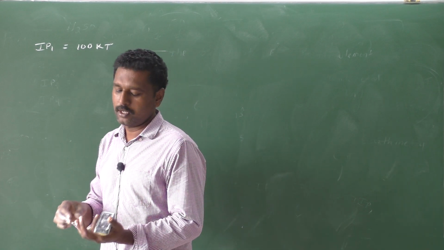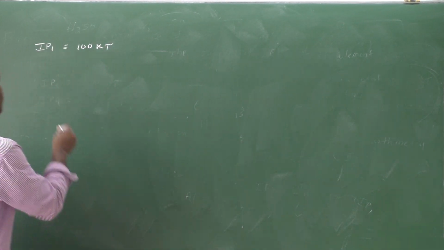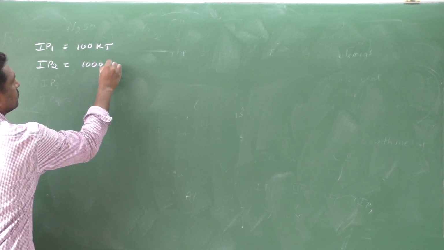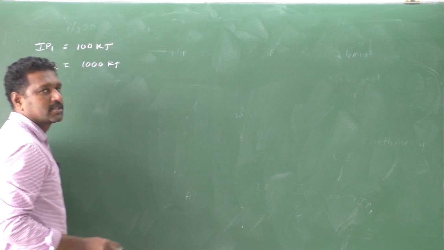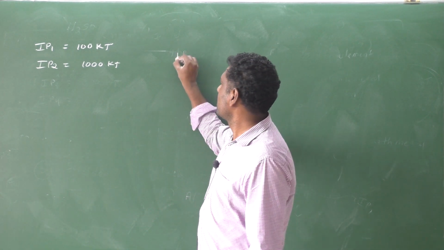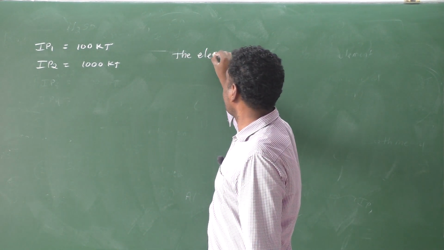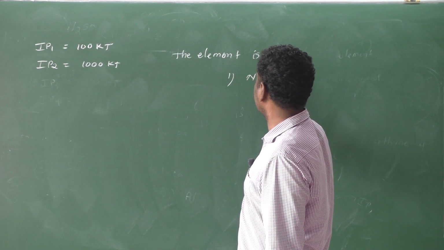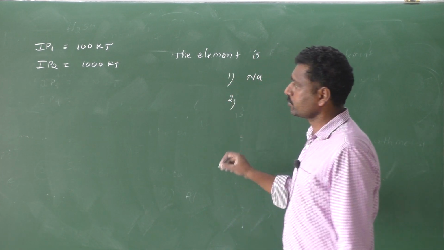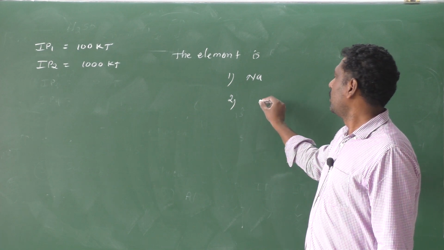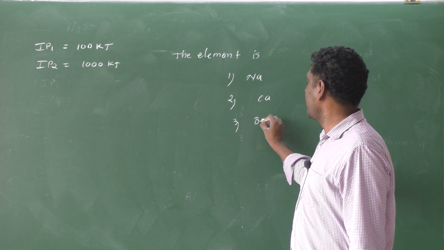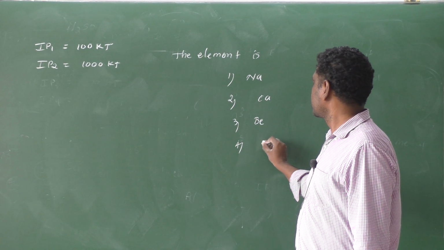I will take the second question. IP1 value is 100, IP2 value is 1000 kilojoules. The element is: first one sodium, second one calcium, third one beryllium, fourth one carbon.